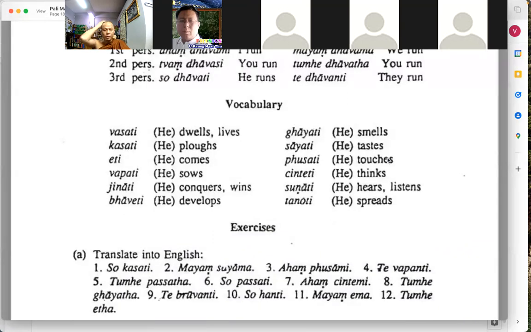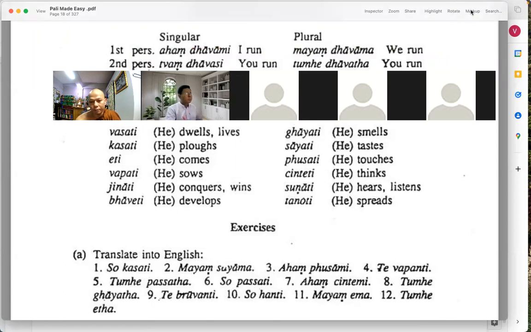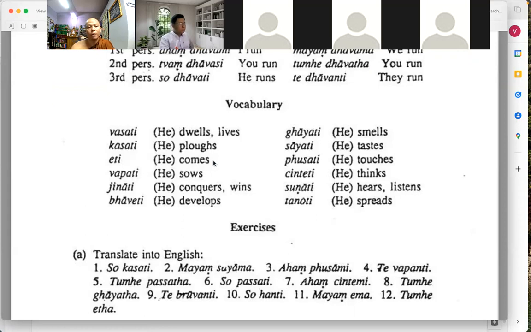So when you see those verbs, very new to you, but following the way I introduce in this book, by removing the verbal termination, we can guess the base. And then by removing the conjugation sign, we can have the root easily.